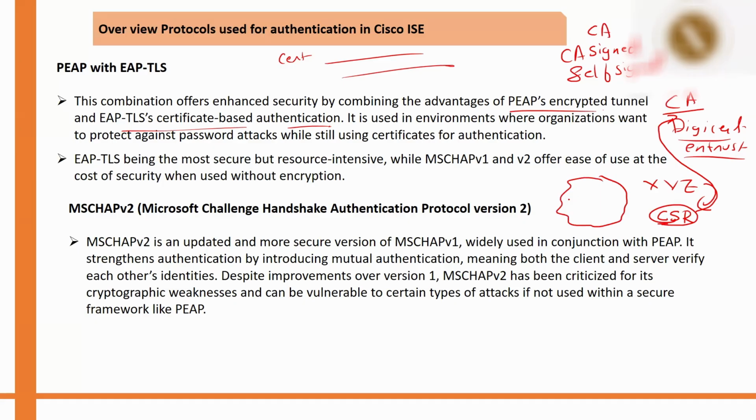In your corporate network, if an XYZ application wants to communicate with any other application, say ABC, then you download the CSR from both of them and give it to the CA. CA is going to sign it, and then you get back that CA signed certificate and you install it here. That forms a secure communication between these two. So if they want to talk with each other, it will be easy. I am explaining this at a high level, not getting into too much depth.